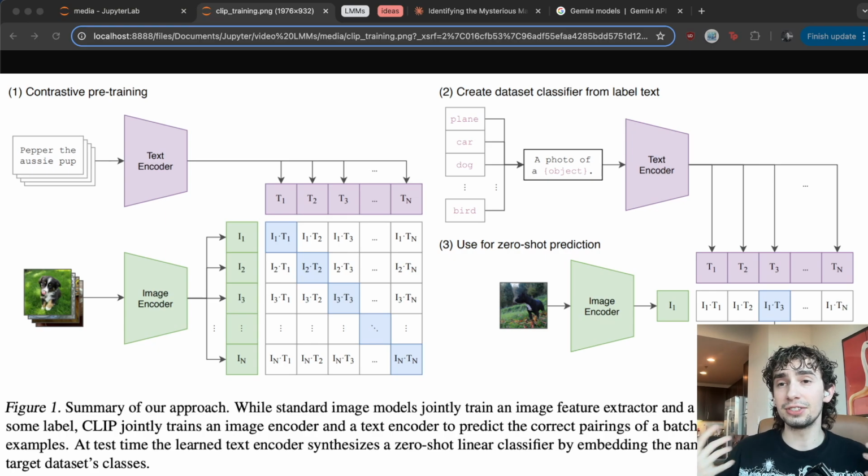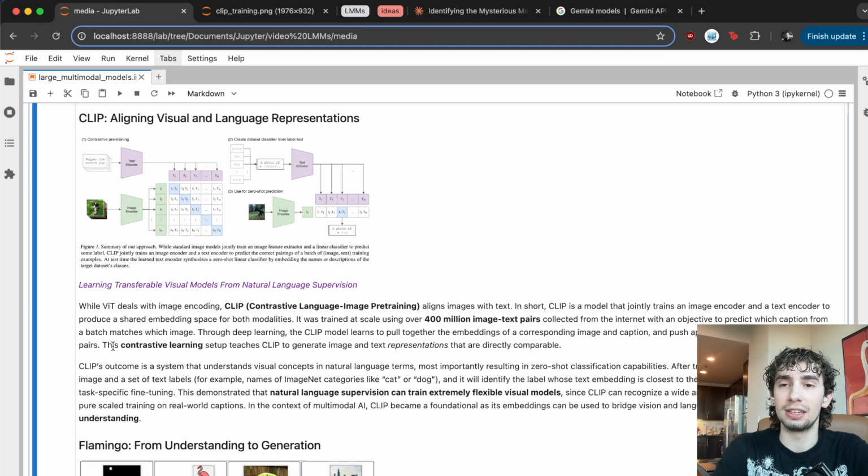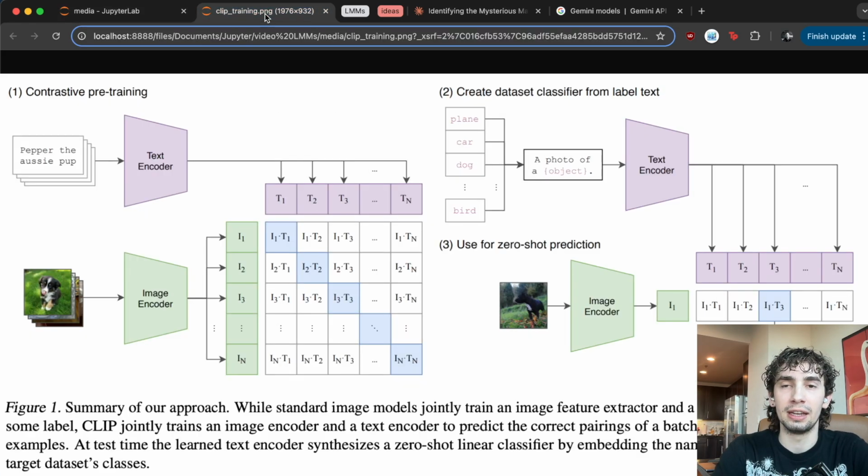And so through the deep learning process, it will make the encodings of the correct text and image pairs move closer together in its text encoding and image encoding embedding space, while pushing apart those that are not positive matches. More specifically, this technique is called contrastive learning, as it is, well, contrasting the images with the text captions and trying to make these predictions.